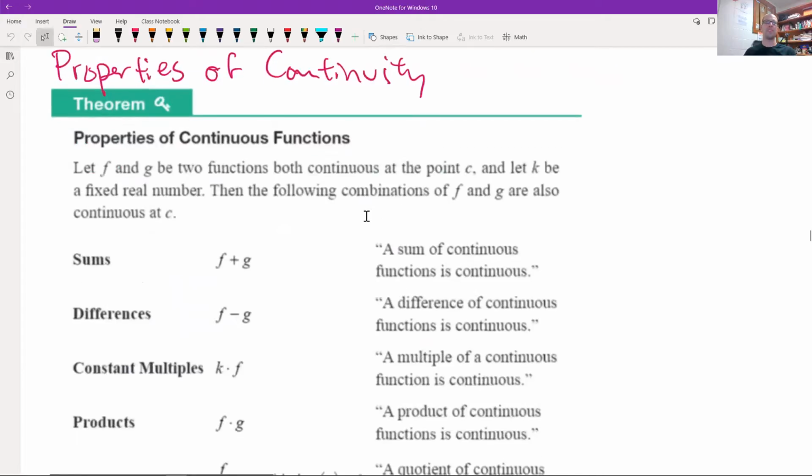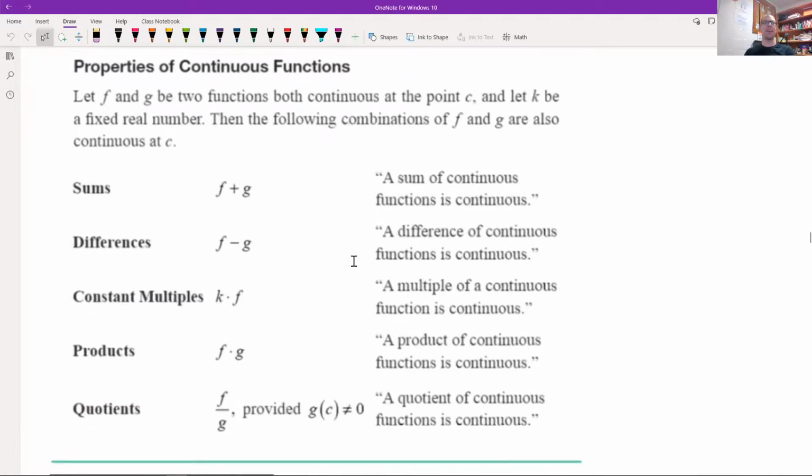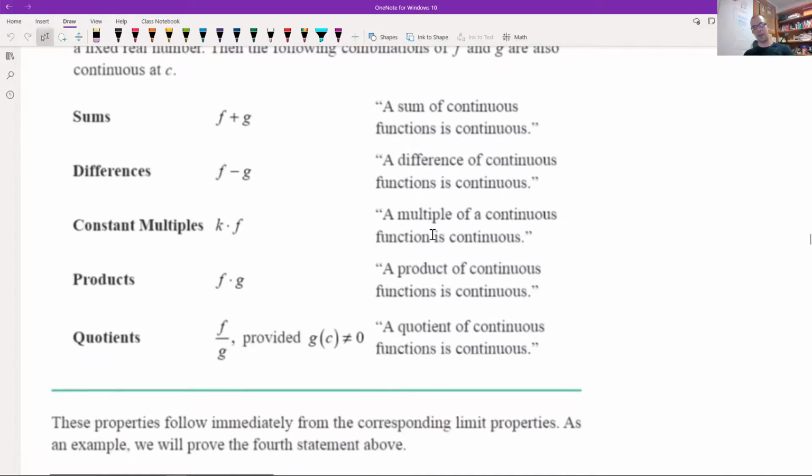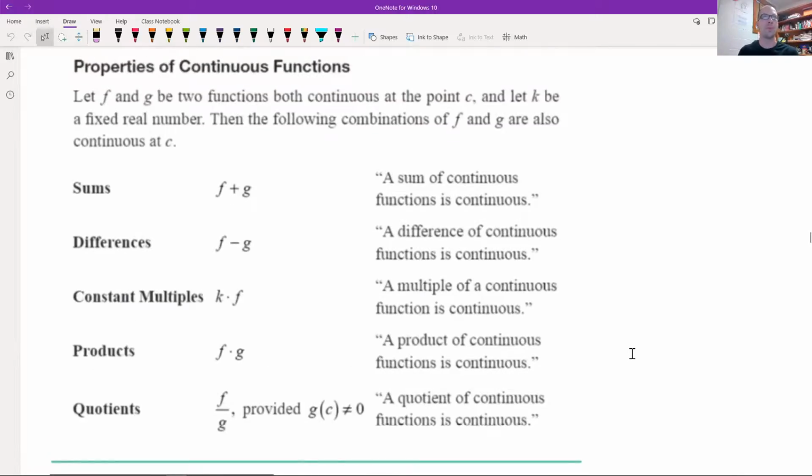All right, so similar to limit laws and stuff, we've got some properties of continuity. A sum of continuous functions is continuous. A multiple of continuous functions is continuous. All of these good things that we would like to be true are indeed true. So when we're combining continuous functions together, they stay continuous, which is great.